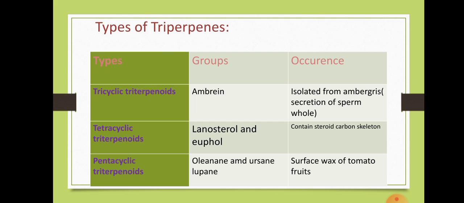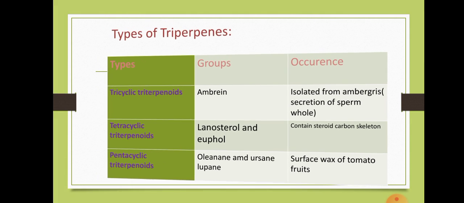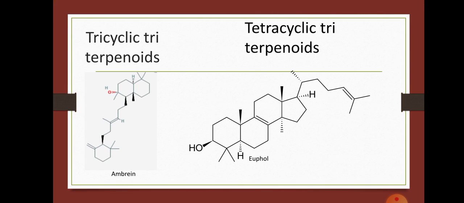All the steroids are made from lanosterol, from the tetracyclic class of triterpenoids. Pentacyclic triterpenoids, oleanane and ursane, give ursolic acid and oleanolic acid, which are phytochemical active substances used in plants.